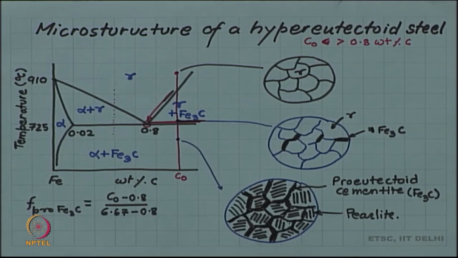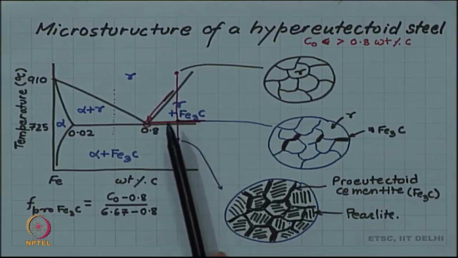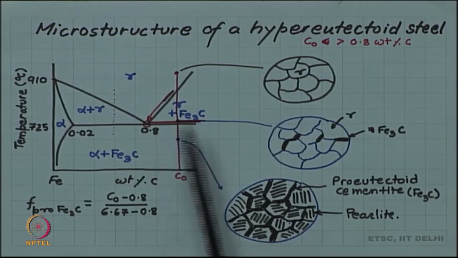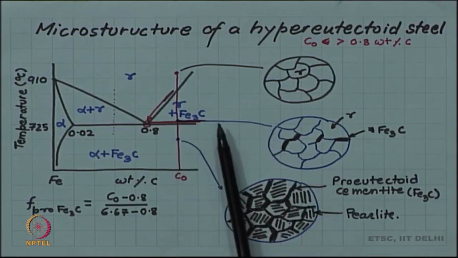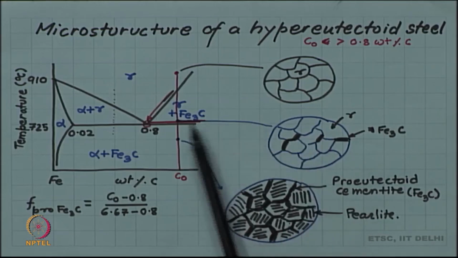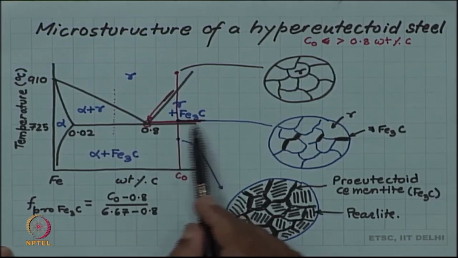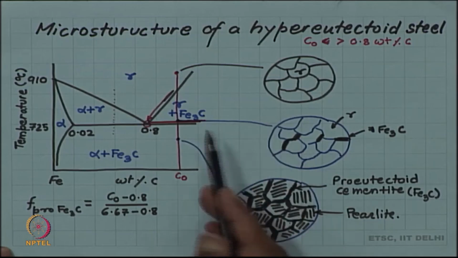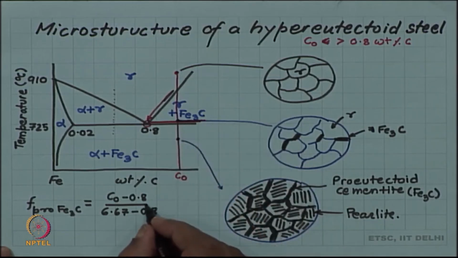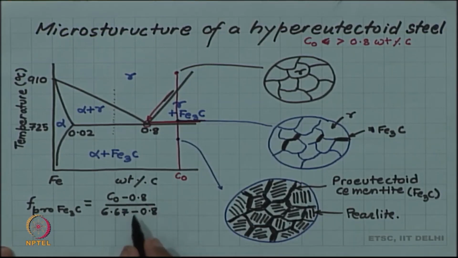And generally in steel, even in the hypereutectoid steel, the carbon is greater than 0.8, but it is not much greater than 0.8. It goes up to 1.2. Steels greater than 1.2% carbon generally will become too brittle. So, most engineering steels will have up to maybe 1.2% carbon, even if they are hypereutectoid. So, the numerator is much smaller.